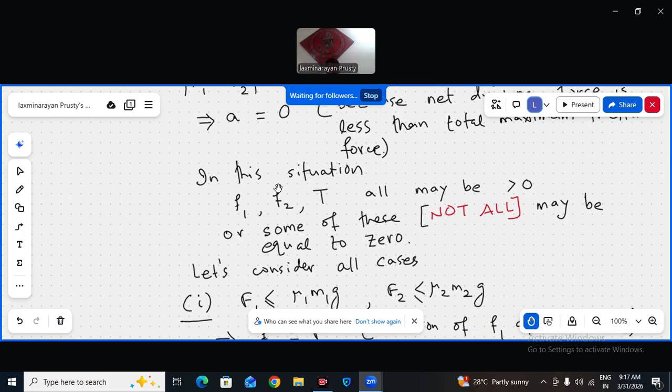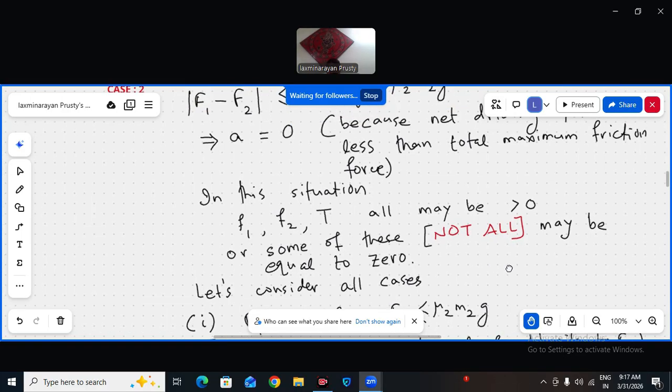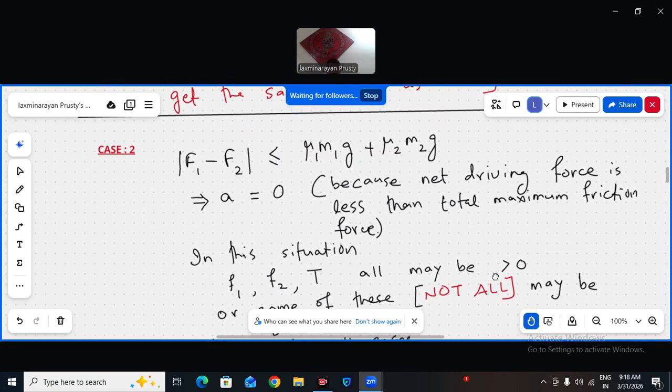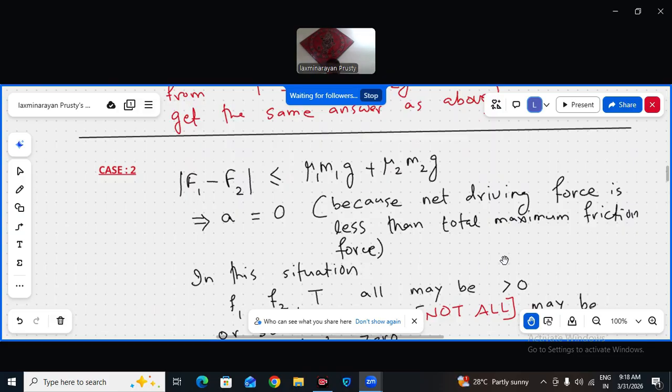Okay, this A is 0, then remaining 4 all may be greater than 0. Otherwise, out of these 3, some of these 3 may be equal to 0, but not all. Definitely not all, as long as this condition is satisfied.